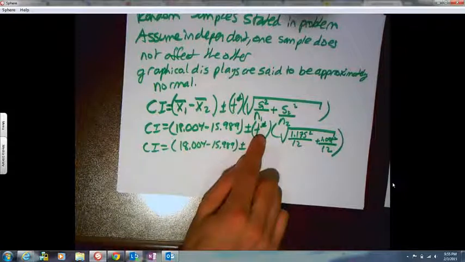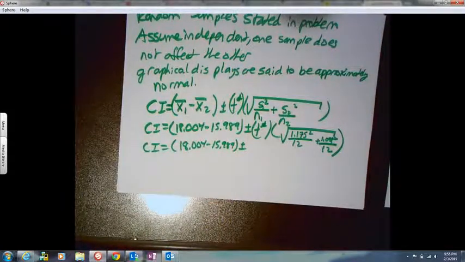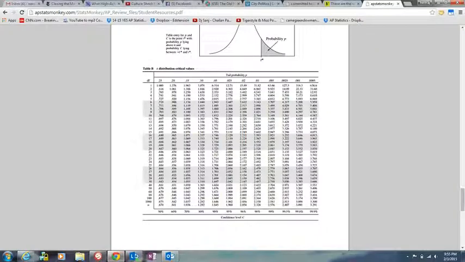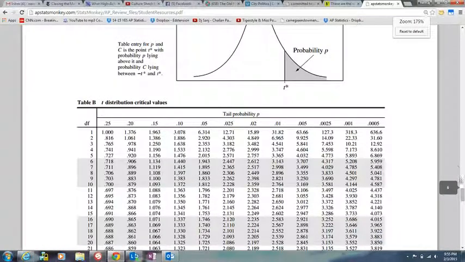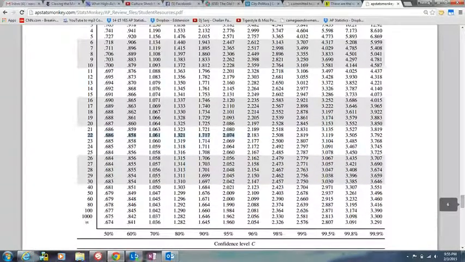You can make that assumption. So 95% and 22 should be this column. Let me zoom in here. 2.074. So go ahead and put 2.074 as your t-stat.